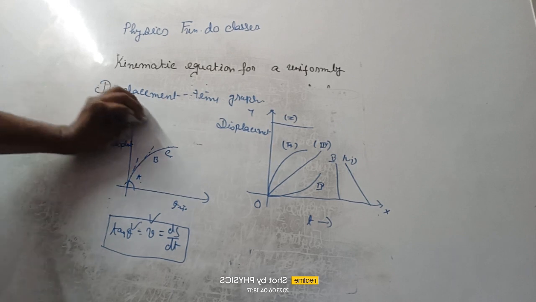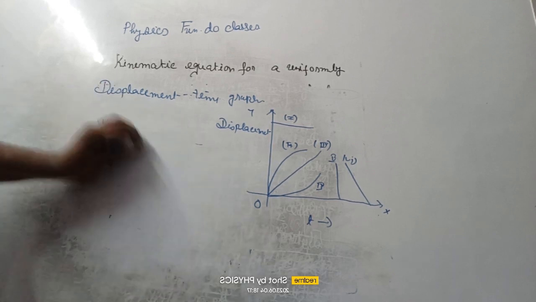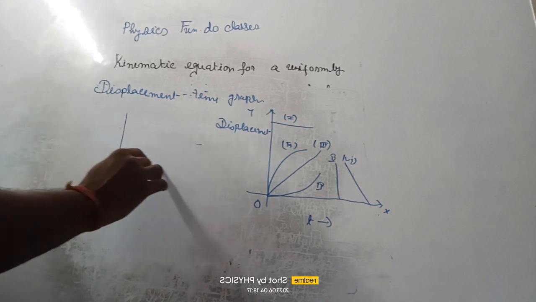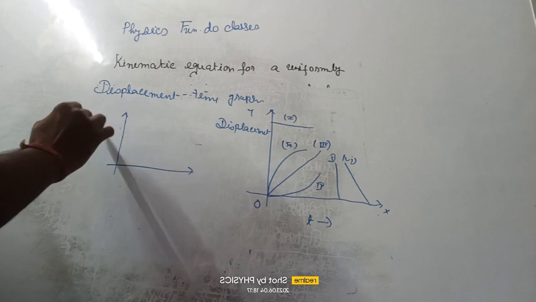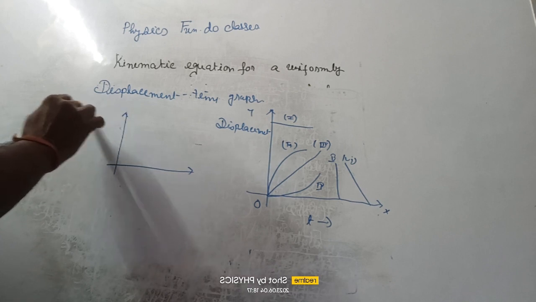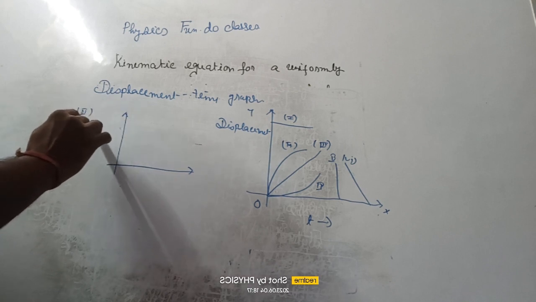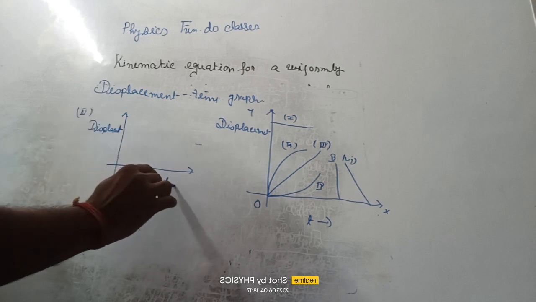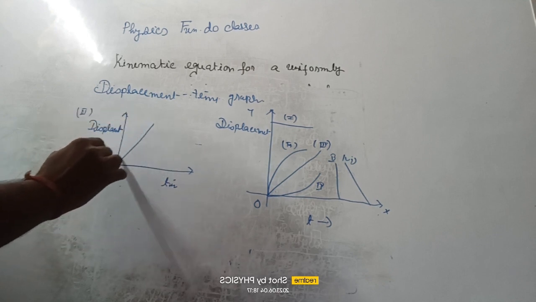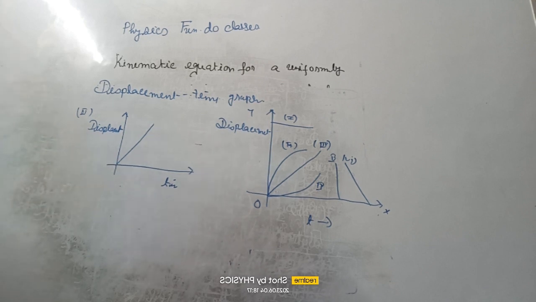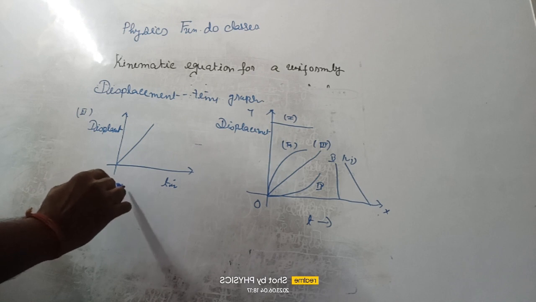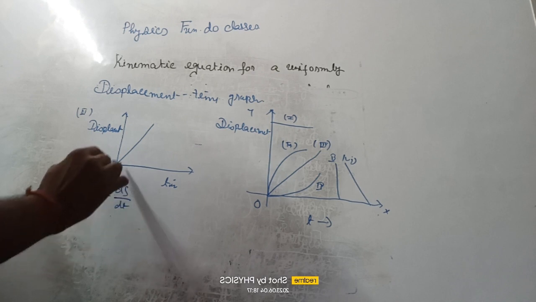Now move to the third graph. This is displacement and this is time. For that graph, it is a uniform velocity, ds by dt.